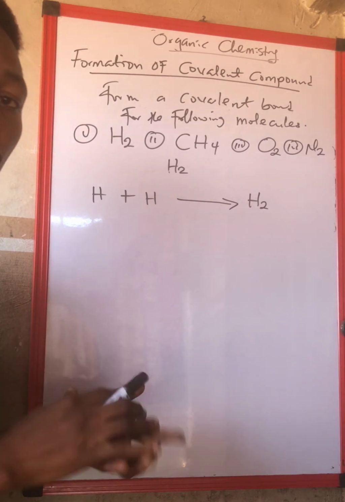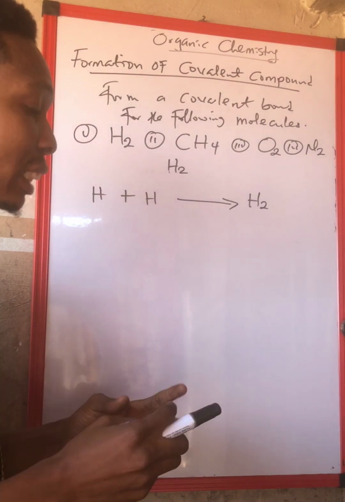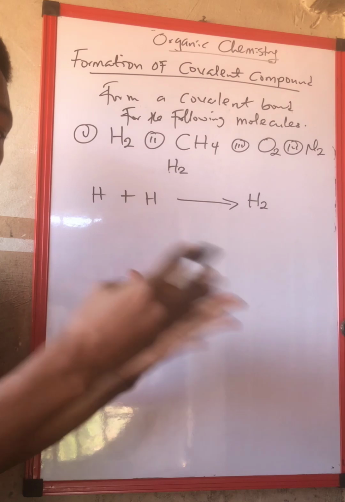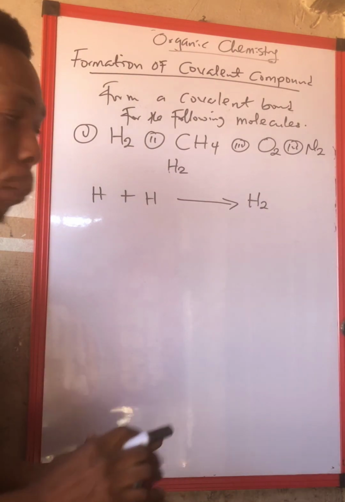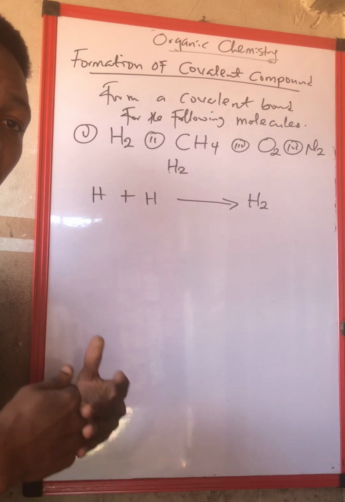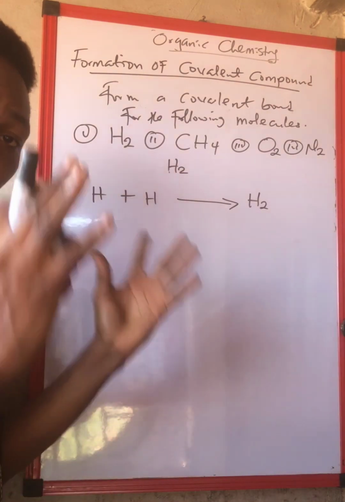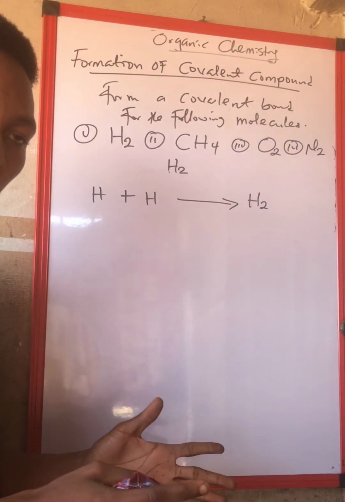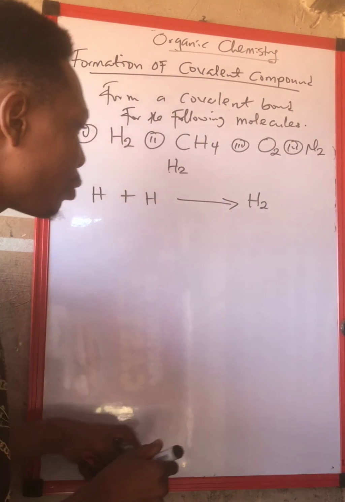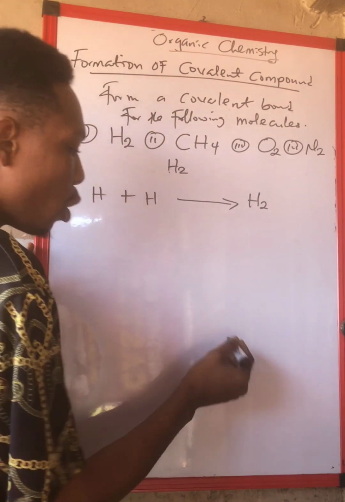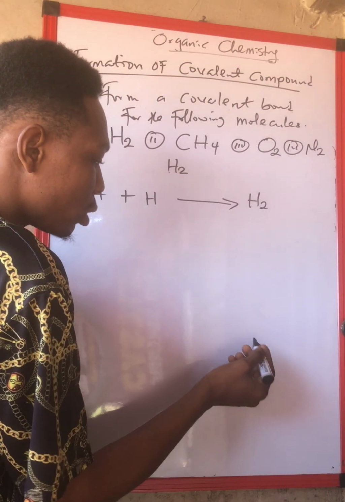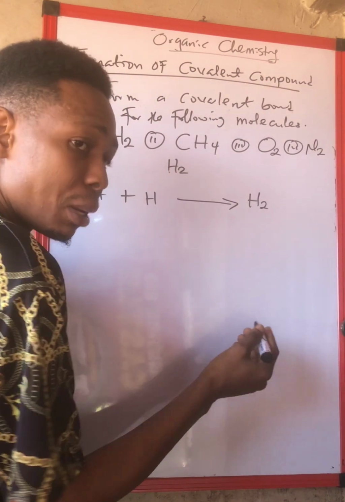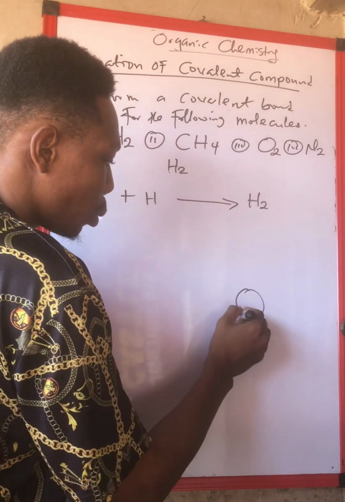In forming a covalent bond, we make use of the valence electrons. The valence electron is the electron in the outermost shell of an atom or of an element. For example, oxygen in the periodic table is number 8, meaning the proton number for oxygen is 8.